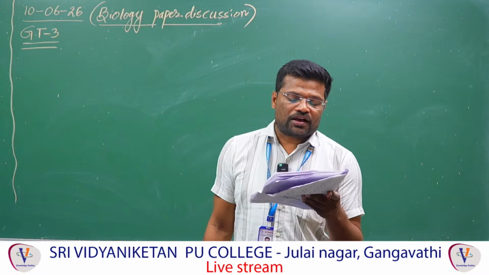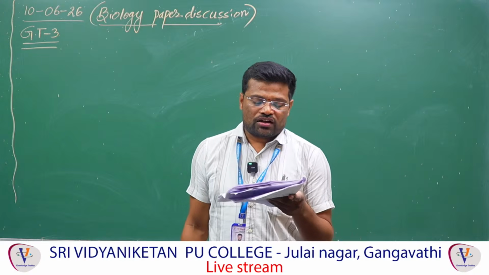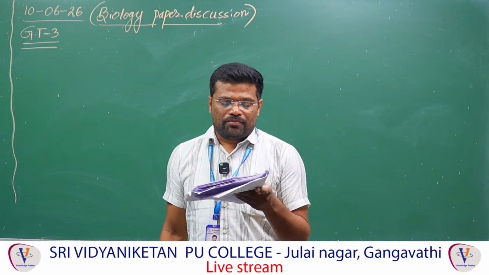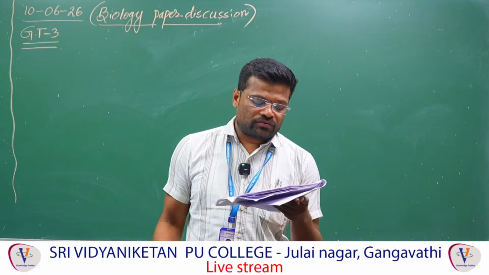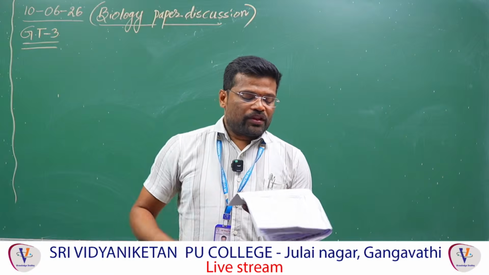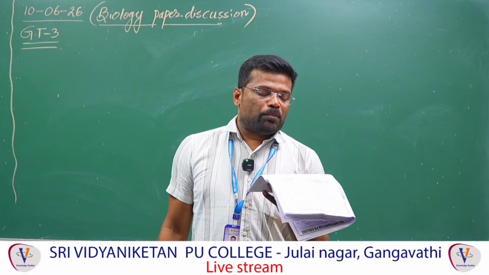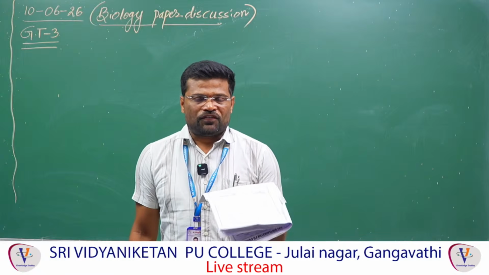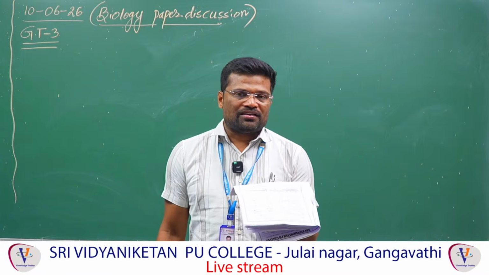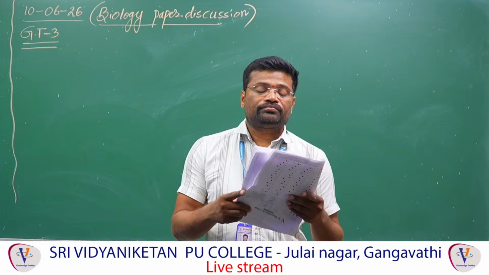D, Steller's sea cow was extinct in Russia. Answer is A3, B1, C4 and D2. Answer is 4. 120. The protein hormone that binds with a membrane bound receptor is 100% follicle stimulating hormone among all these. Answer is 3.